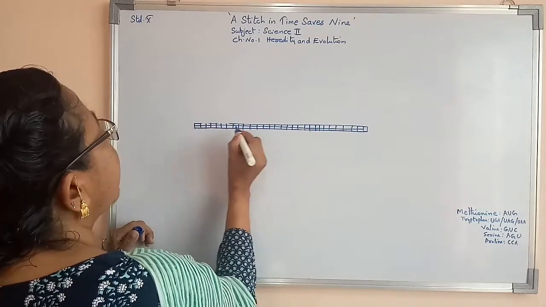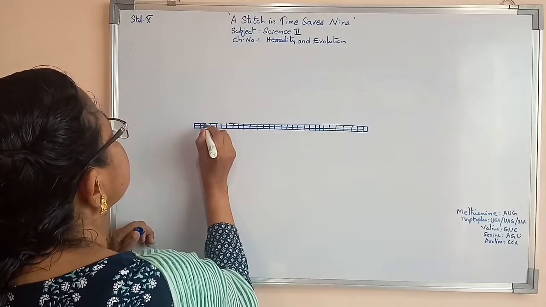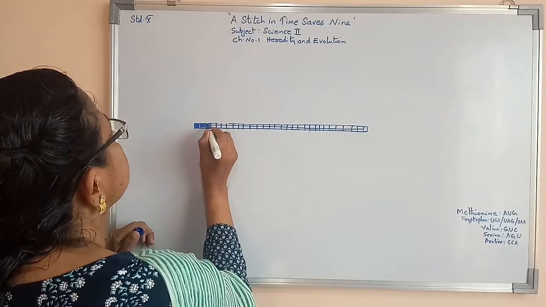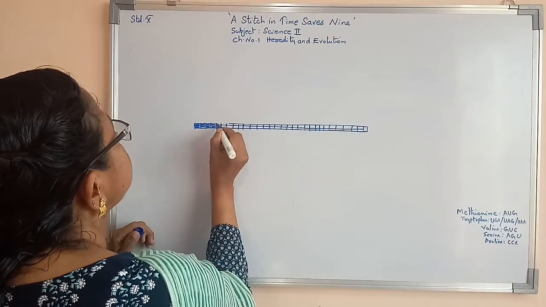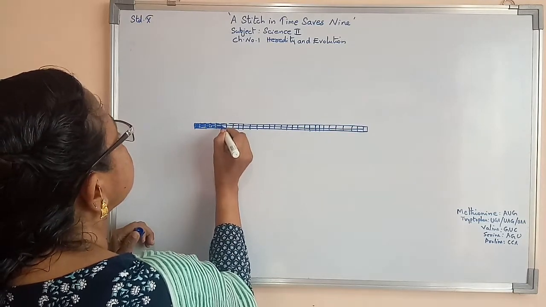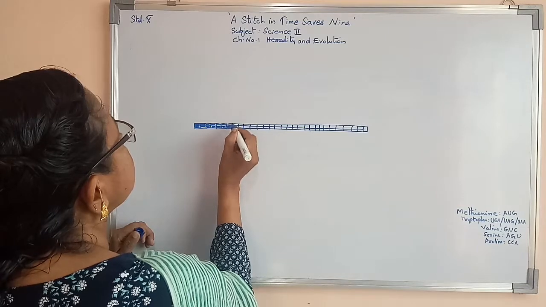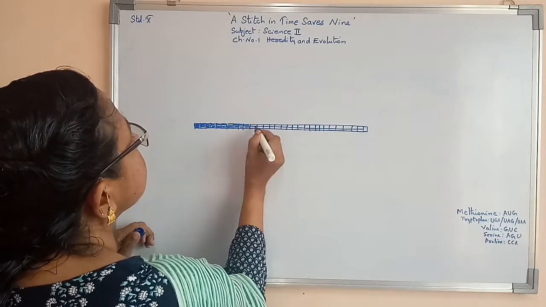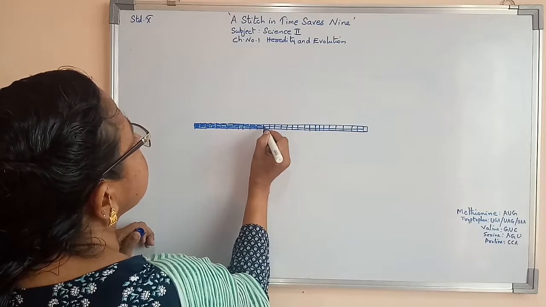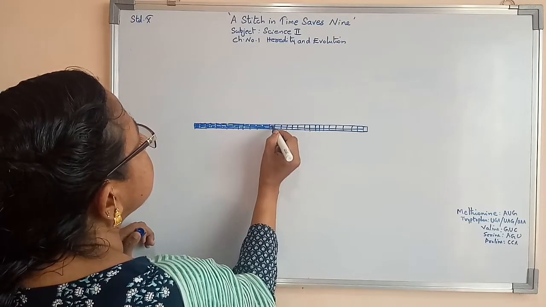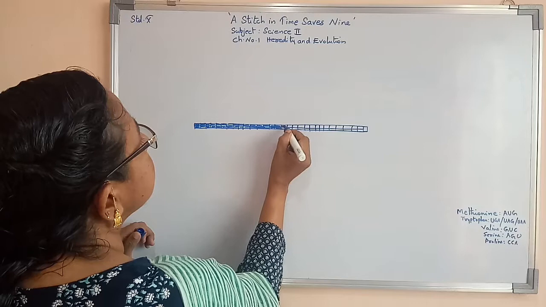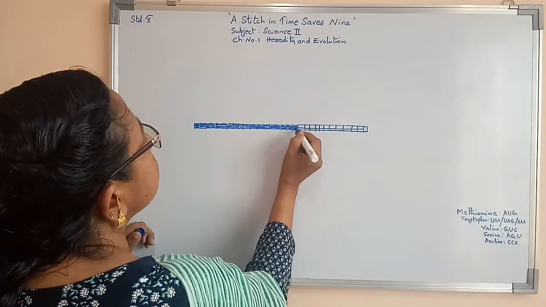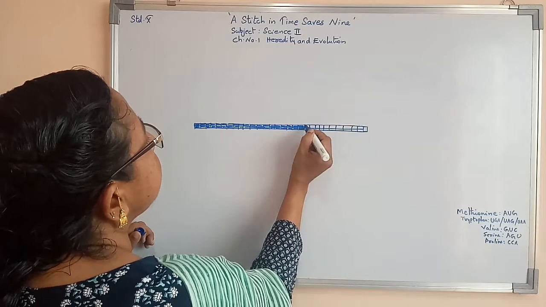This messenger RNA will have many pieces joined like this.